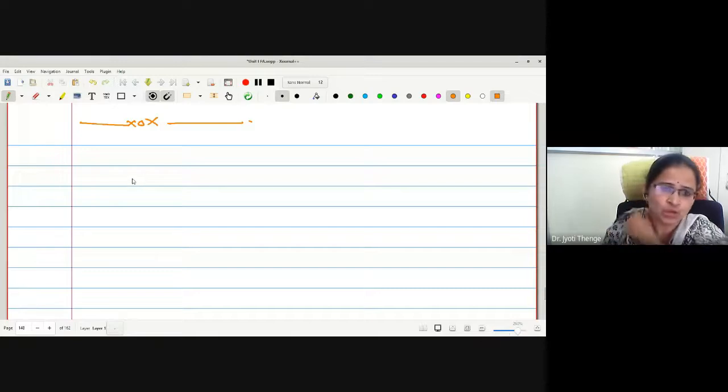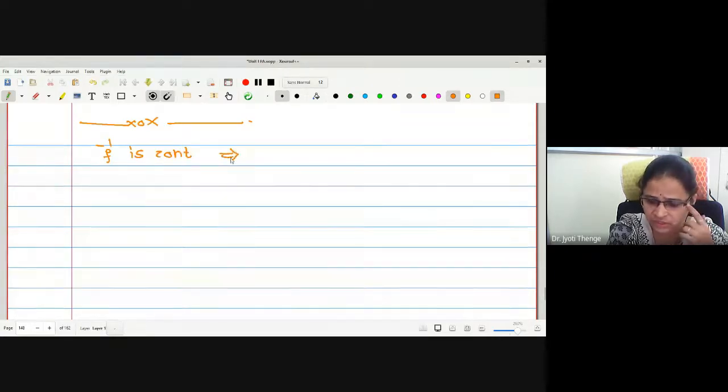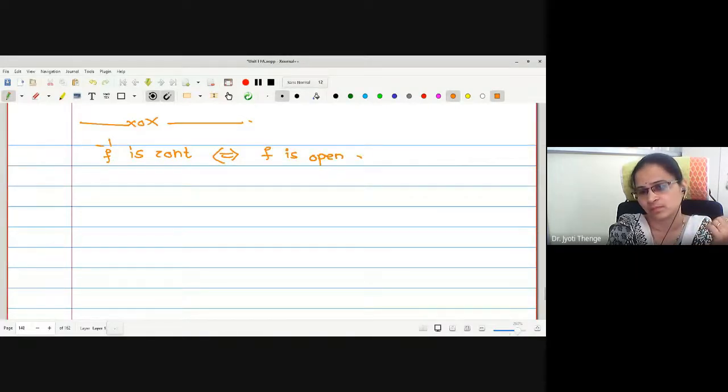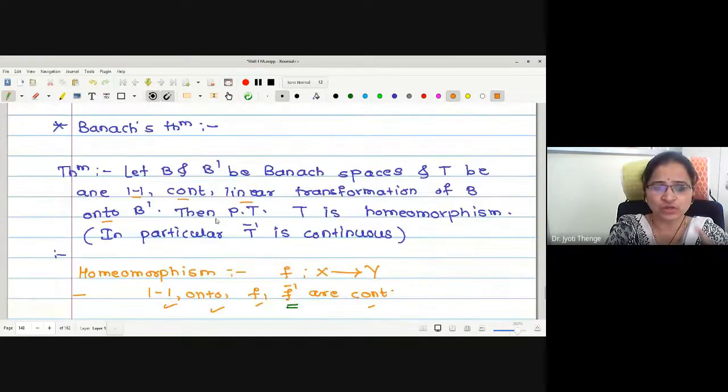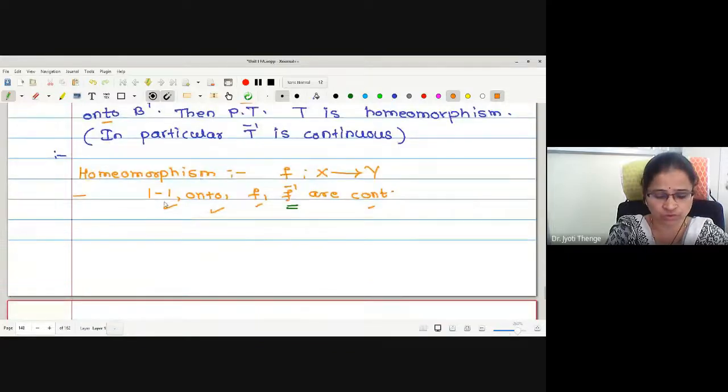Now what we were considering was the condition F inverse is continuous. It is equivalent to F is an open map. Because in the theorem itself we were going to write, instead of inverse being continuous, a one-one continuous open map which is onto is also a homeomorphism.